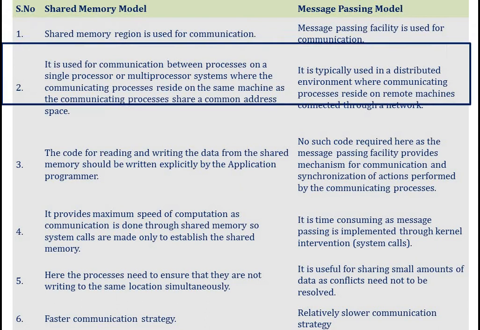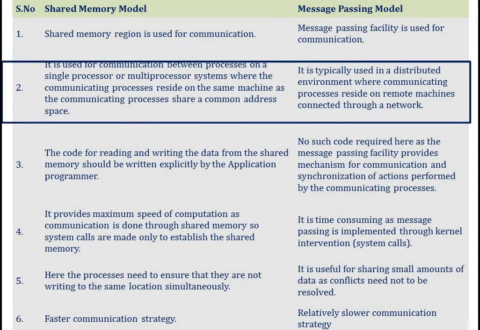Shared memory is communication between processes on a single processor or multiprocessor, whereas the communicating processes reside on the same machine as the communicating processes share a common address space. Over here, two communicating processes can have multiprocessors, but two communicating processes reside on the same machine because they are sharing address space.